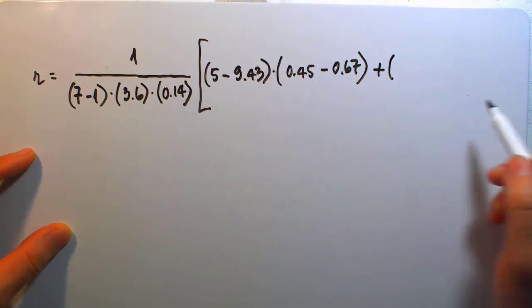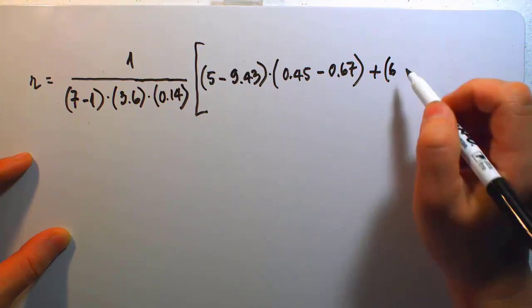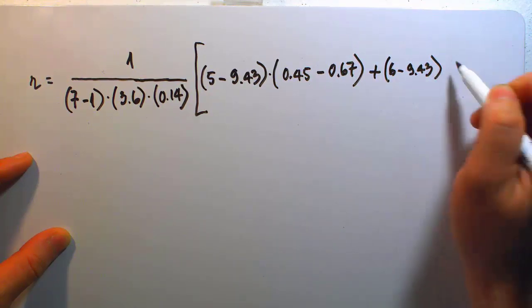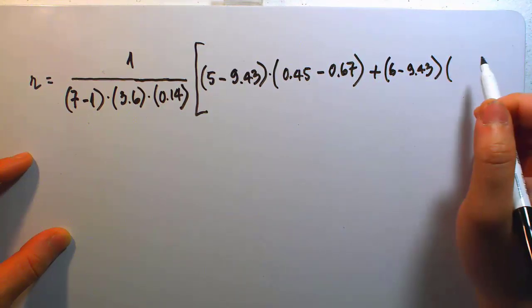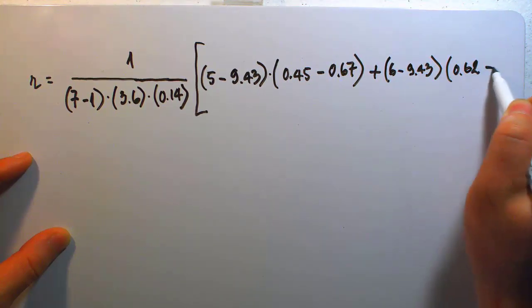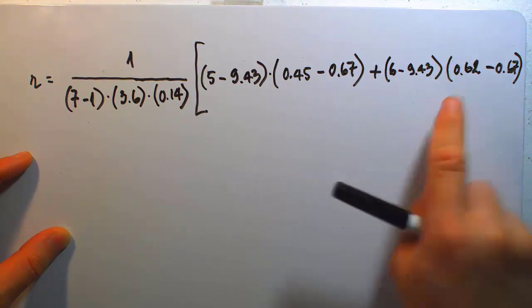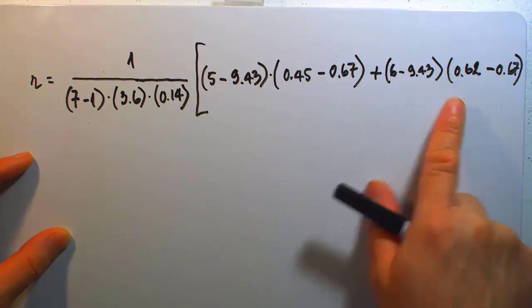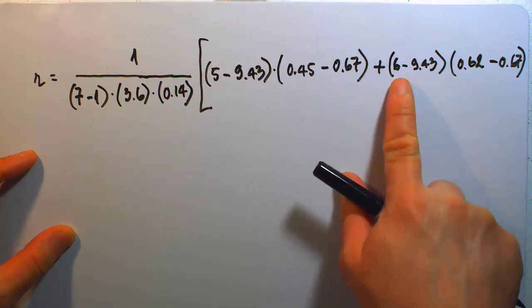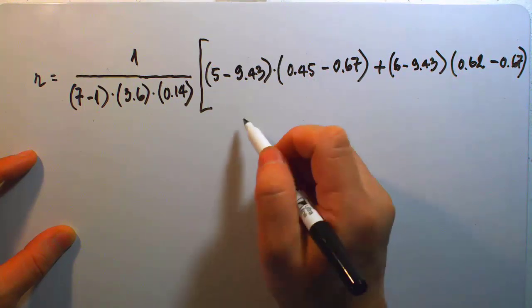My second pair has an x value of 6, and I'm subtracting the mean, 9.43, and then the corresponding y value is 0.62, and I am going to subtract 0.67. So you can start recognizing the repeated work being applied on different pairs of values. For each pair, I go with value minus the mean, value minus the mean.